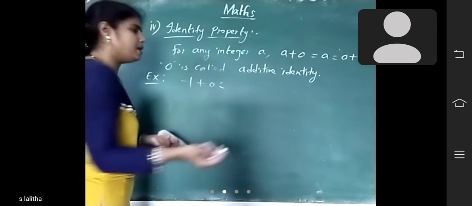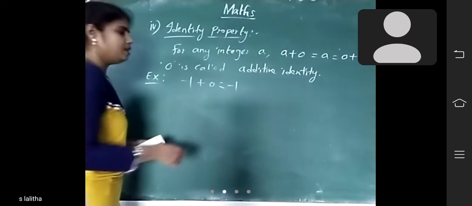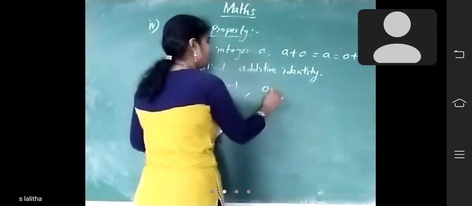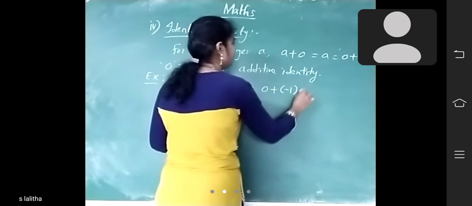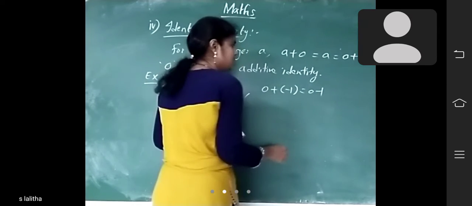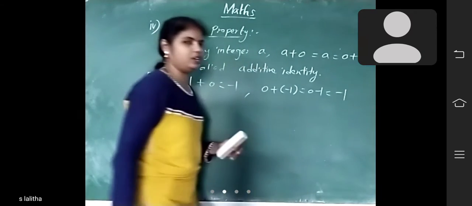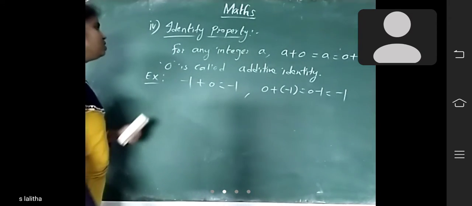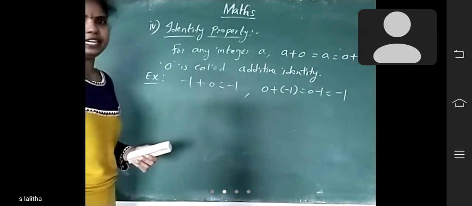Example, say any one integer, -1. I am adding 0. What will we get as the answer? -1 only. Now reverse this one: 0 plus -1. What is the answer? -1 only. Like that we can do. So 0 is called additive identity.